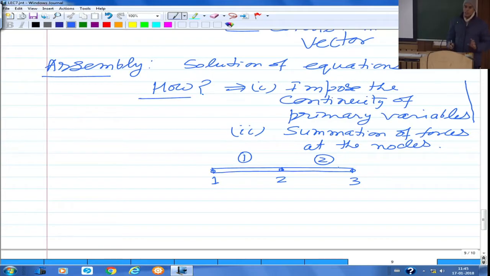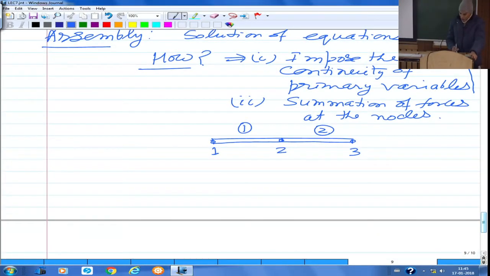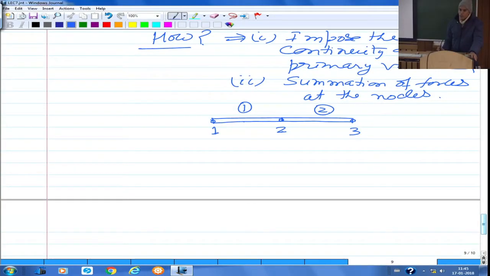Because we are discretizing the structure into 2 elements, we will have 2 elements and 3 nodes. They are the connecting points. Locally, the first element is defined by the first and second global nodes, and the second element is defined by the second and third global nodes. Overall, in terms of displacements, you will have essentially 1 degree of freedom here, that is the value of u.